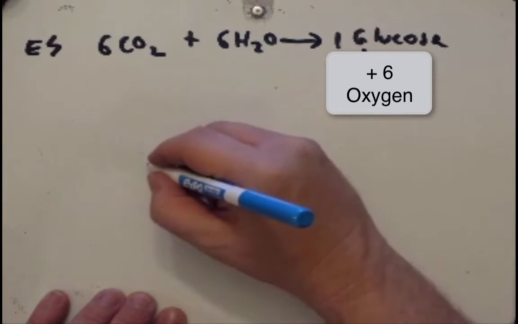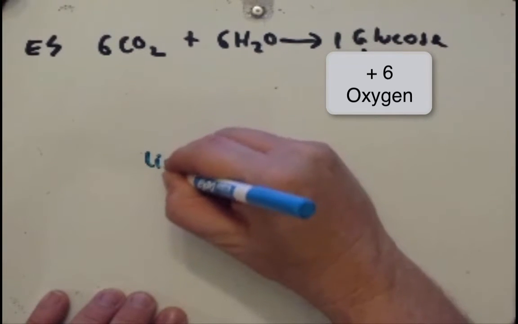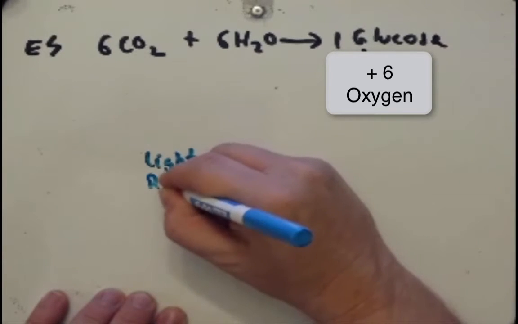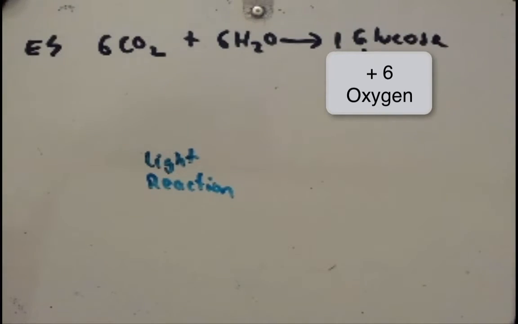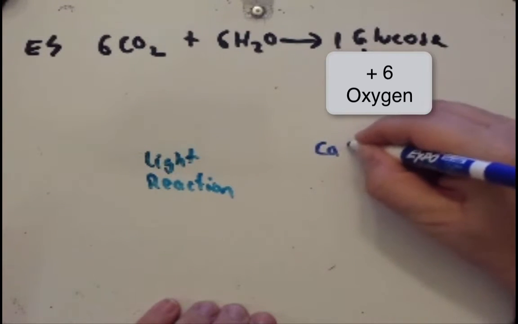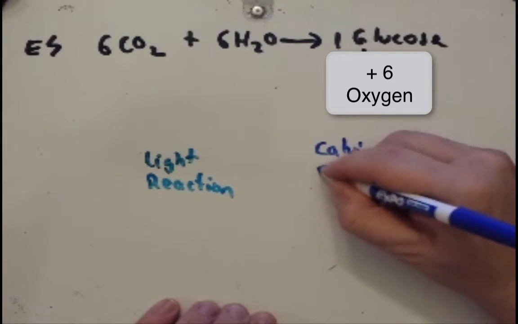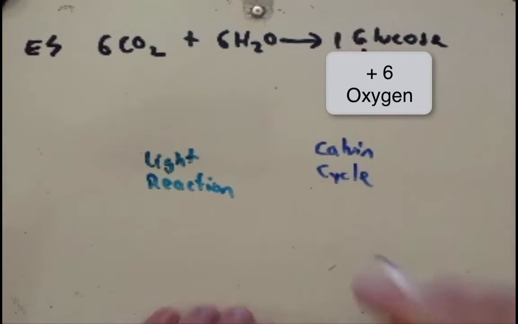So the first reaction is the light reaction. And the other reaction is called the Calvin cycle. Sometimes you may find an older book that might call it the dark reaction or the dark cycle. The only problem with using that term is it implies that it only occurs in the dark, and that's not the case.